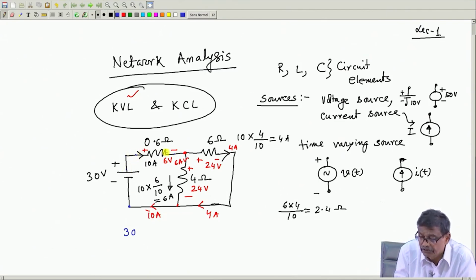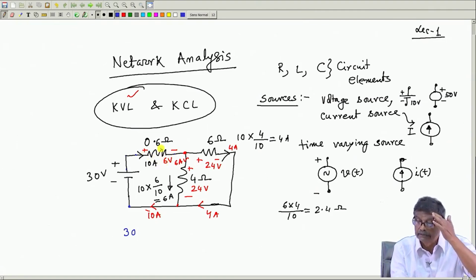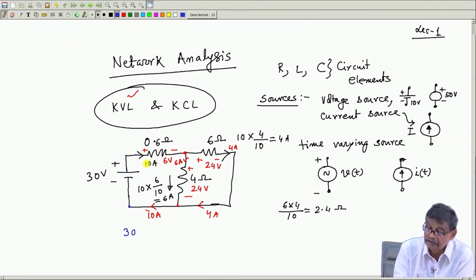Then from this to this, there is a 6 volt appearing across this 0.6 ohm resistance, and this 6 volt is from plus to minus. So, I will put a minus 6 here. Minus to plus I have assigned plus, then plus to minus I have assigned minus 6.